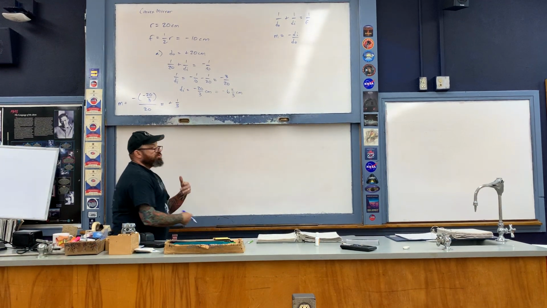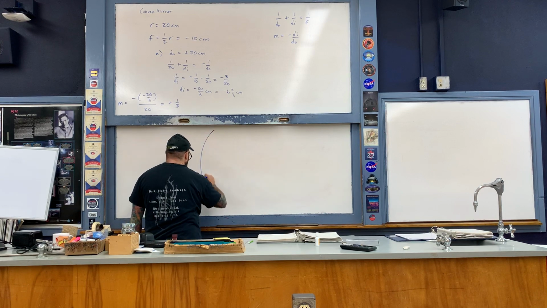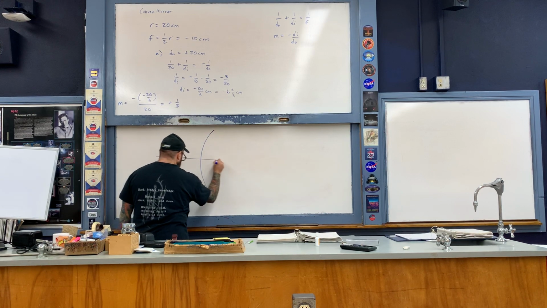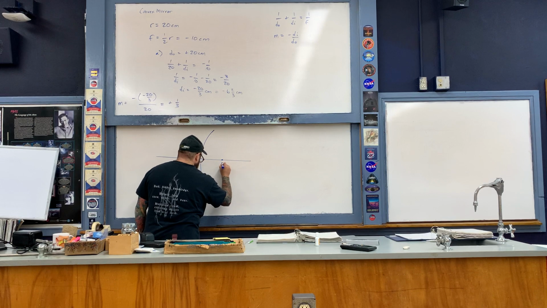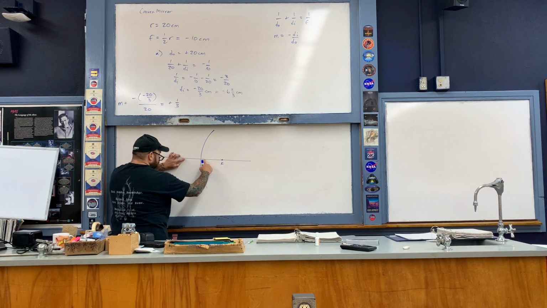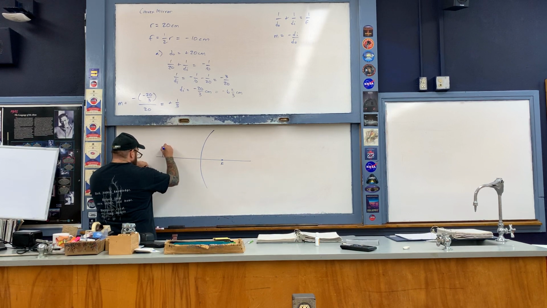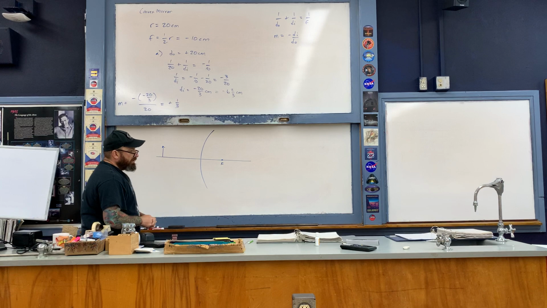Okay, now this is a situation you haven't seen yet in terms of a basic drawing, so here is that basic drawing. The focus is back here, recall, behind the mirror. This is 10 centimeters, this is 20 centimeters. So right here is our object like so. And now here's how you form the image.